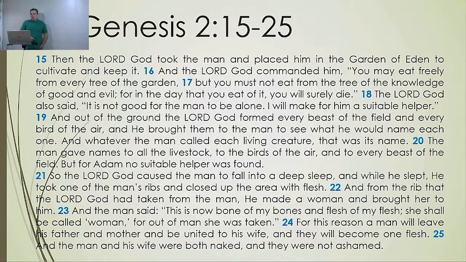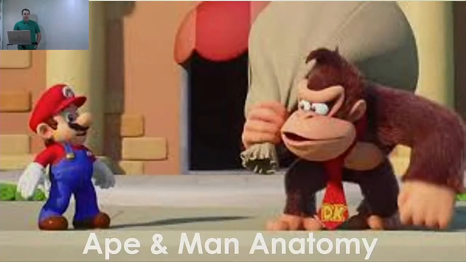But today we're going to be focusing on apes and man. So Genesis 1 and 2 leave no opening for apes turning into humans. No opening for that. We were created from dust, and then Eve, woman, was created from man. Yet the secular theory holds that apes turned into humans.